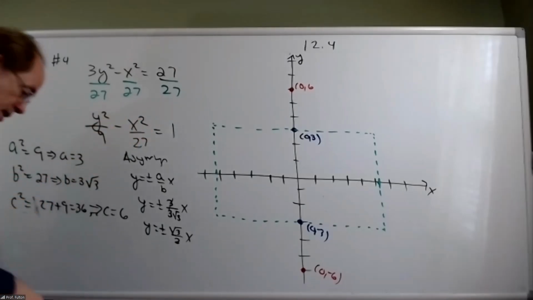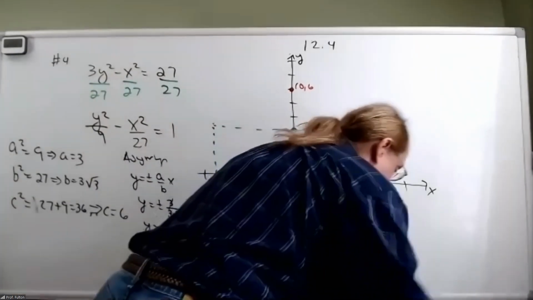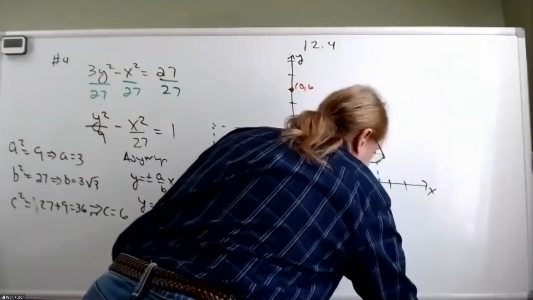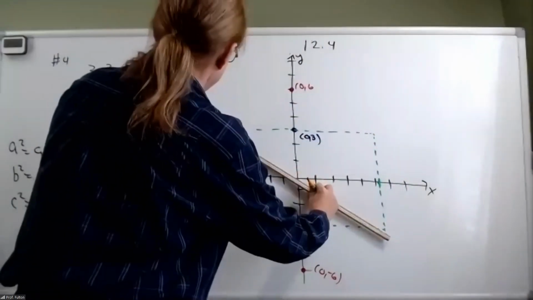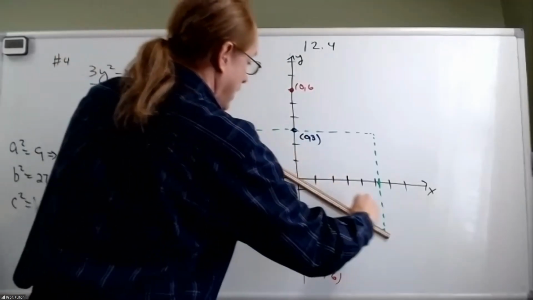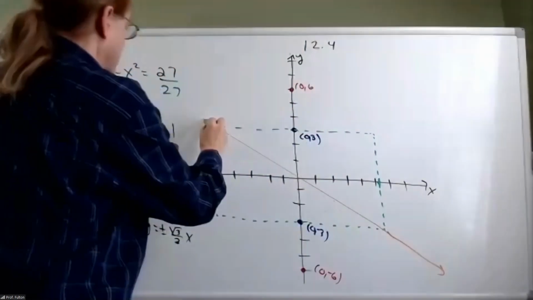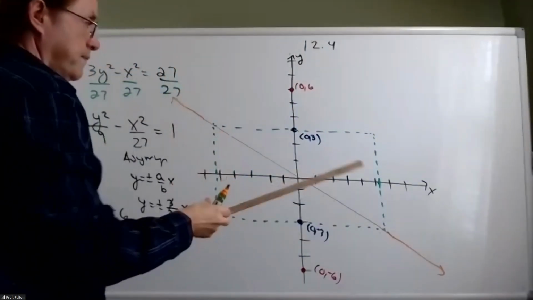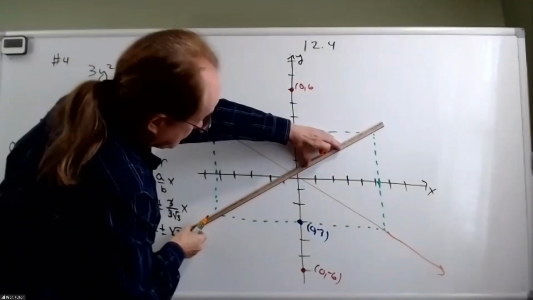Now I can draw, if you would like, a different color here, my lines to guide me for my asymptotes here. Kind of go this way and that way. And the same thing over here, roughly right there.